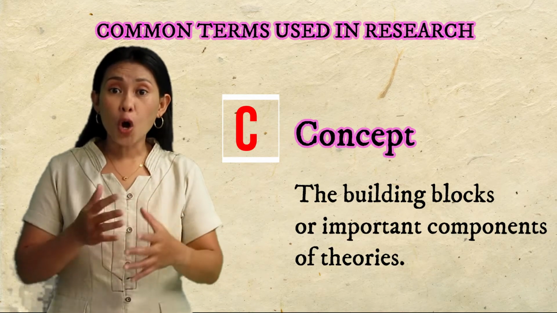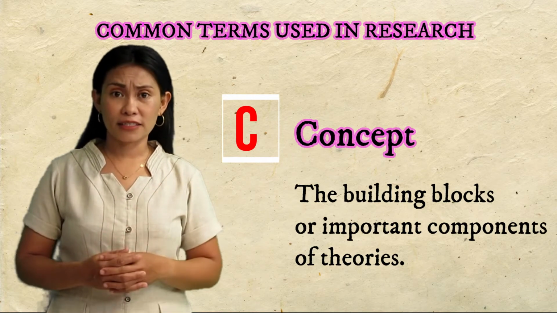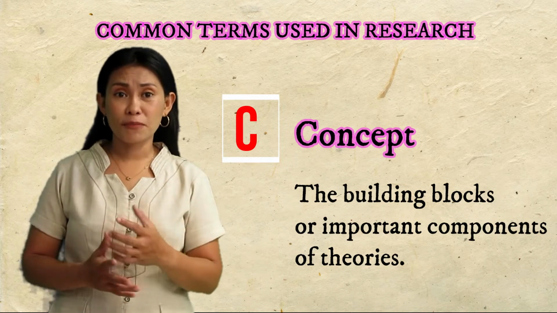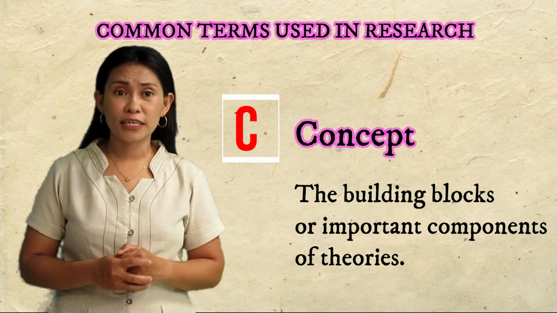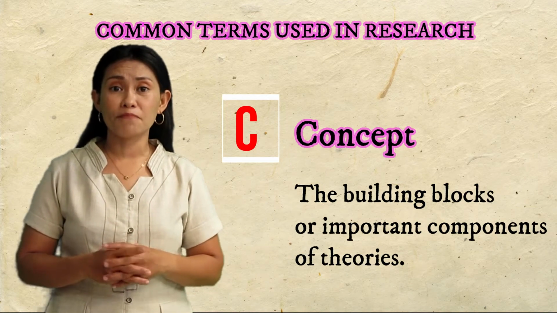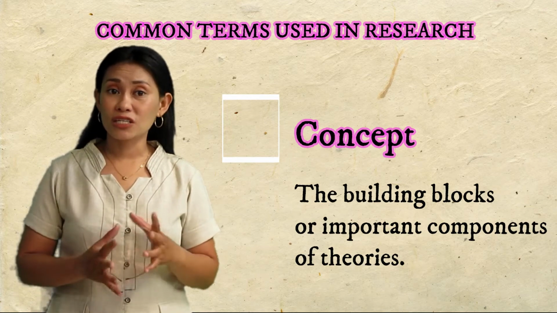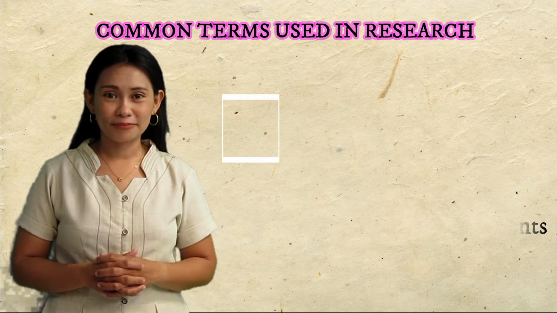Researchers generate concepts by generalizing from particular facts. Example of concept is educational achievement. Other examples of concepts include common demographic measures like income, age, education level, number of siblings, and others.